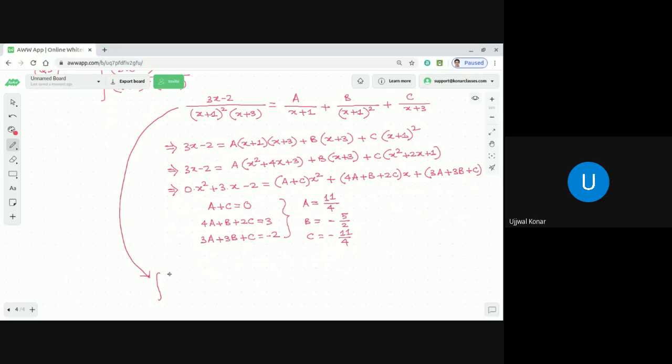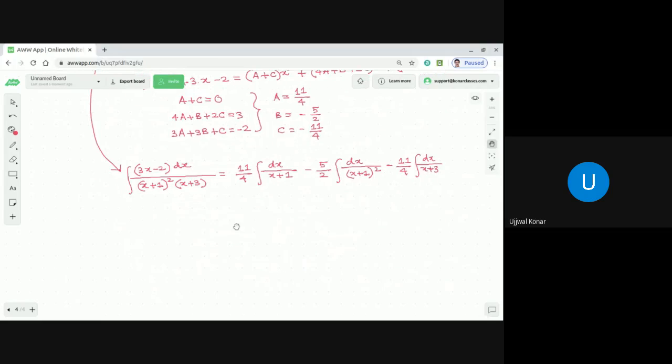The integration of (3x minus 2) dx divided by (x plus 1) whole square into (x plus 3) is equal to, a is already there, 11 by 4 integration dx by (x plus 1), minus 5 by 2 integration dx by (x plus 1) whole square, minus 11 by 4 integration dx by (x plus 3). Correct or not, dear students?